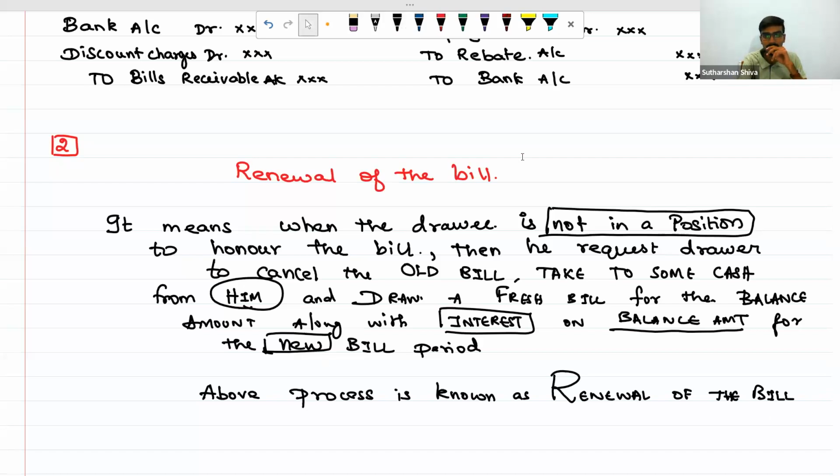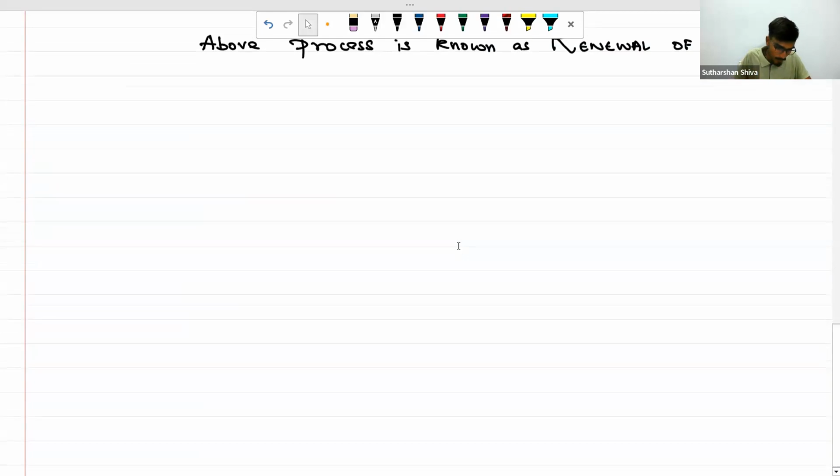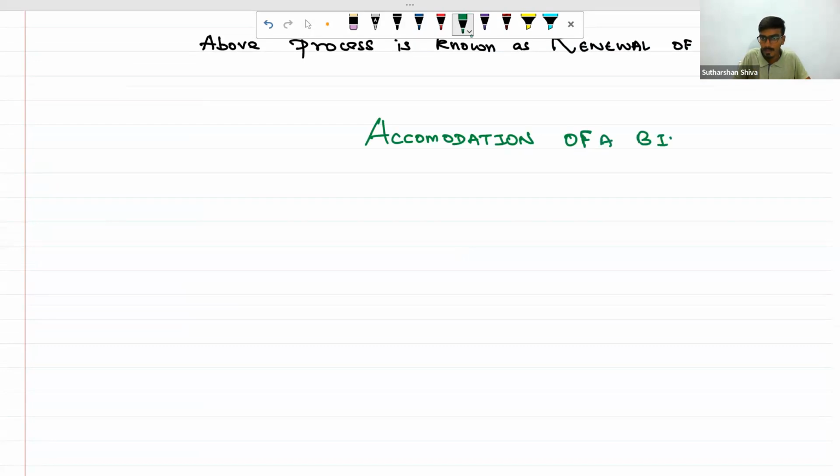Accommodation bill. Our next topic for discussion is accommodation bill. Accommodation bill is very simple, and I will try to explain this part.